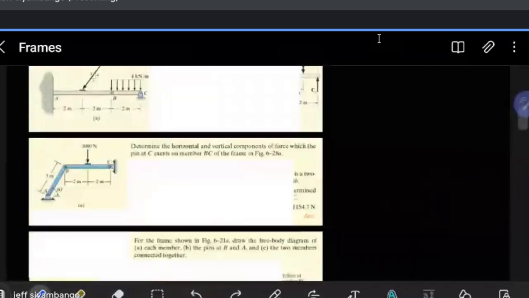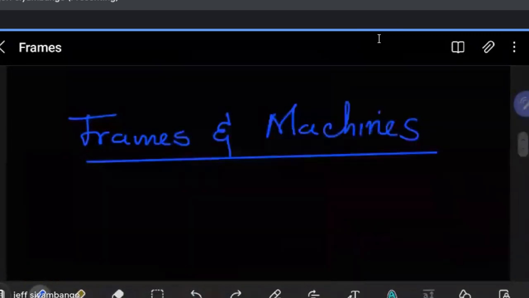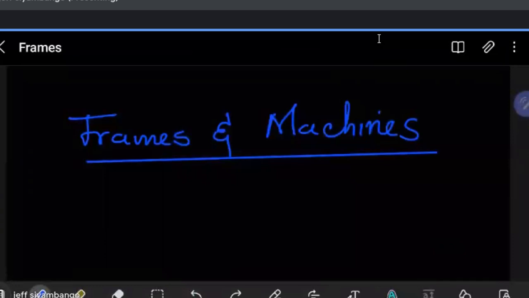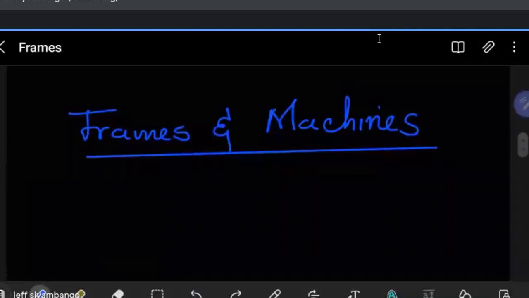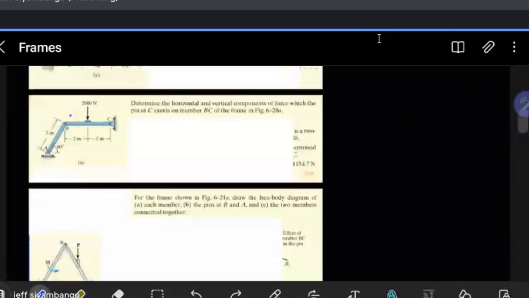Now, ideally, we'll be calling these frames. And what a frame is, is just a member which is under the influence of multiple forces. So these are just going to be multi-force members. So under frames, we'll be discussing structures which are composed of pins, like I think you can tell here, you have a pin here. And then these are pin-connected multi-force members.